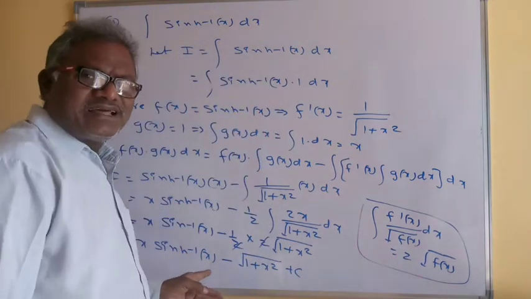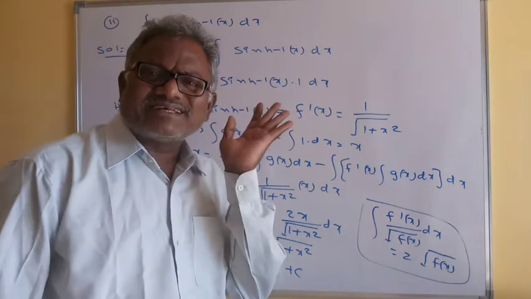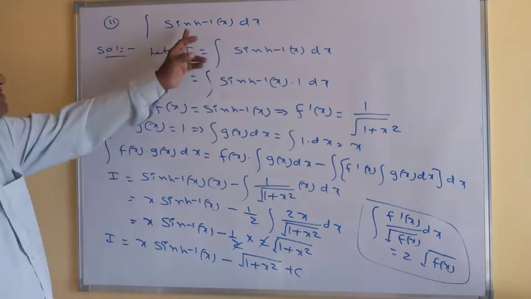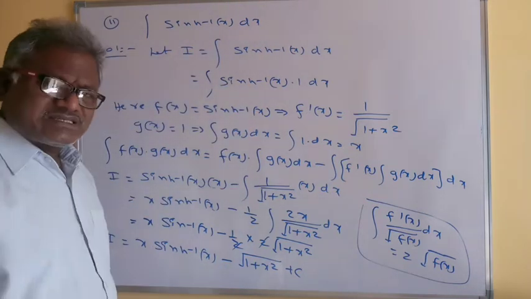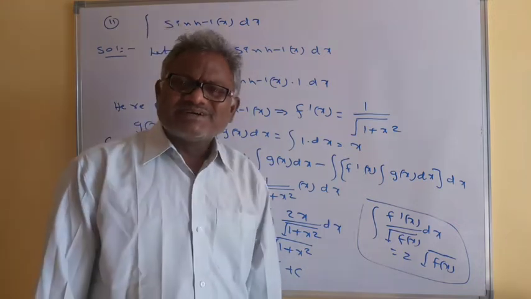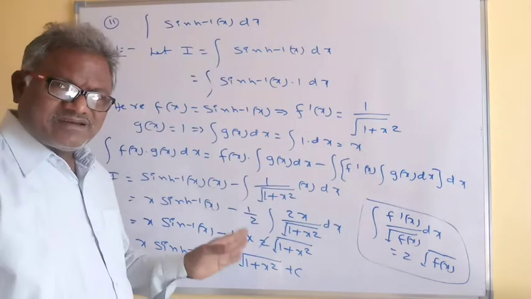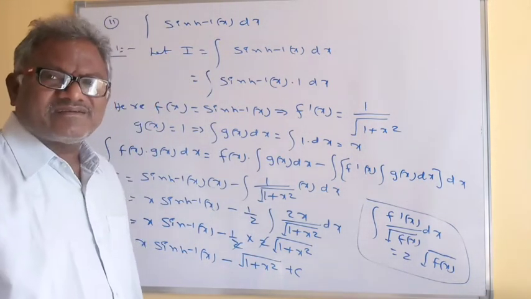This is the integral value for sin h inverse x. Okay, inverse of hyperbolic function. Sin h inverse x integral value: x sin h inverse x minus root of 1 plus x square, plus c.